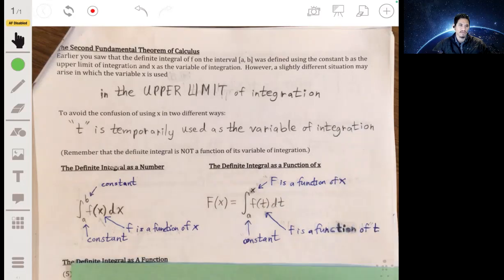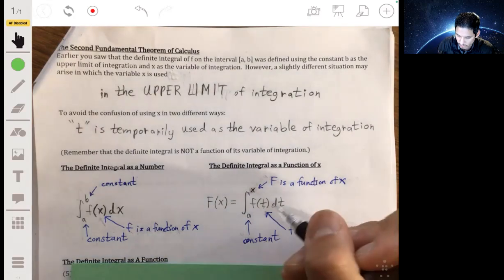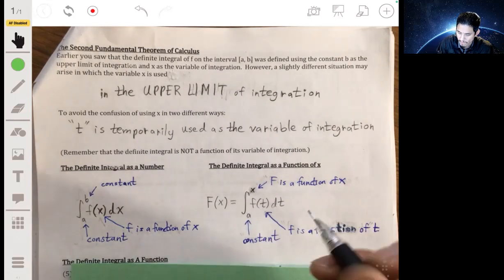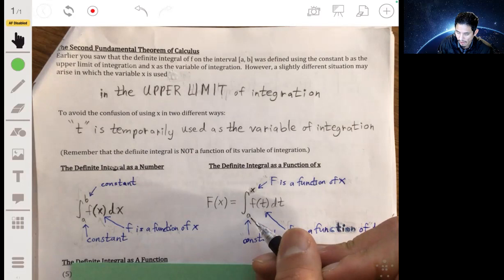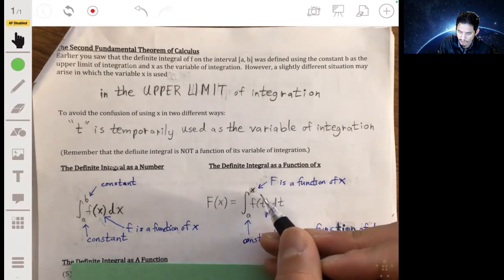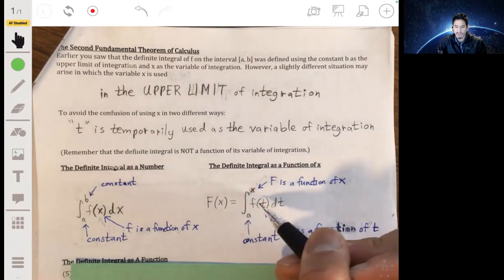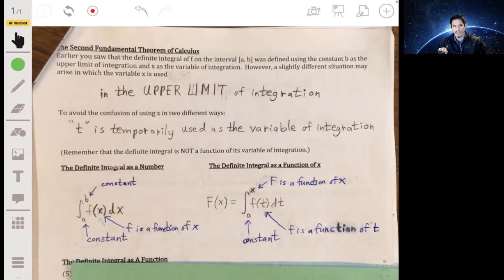It's basically just a dummy variable. It means the same thing that we normally use x for. We just don't necessarily want this x to be the same value as this. So the lower limit, a, will still be a constant, but the upper limit will be a variable, so it's going to be a function. Large F of x will be equal to this integral. This is what the second fundamental theorem of calculus uses.